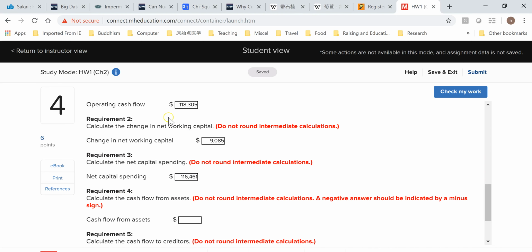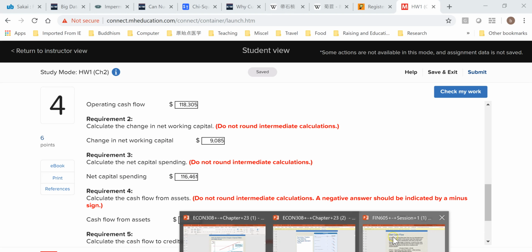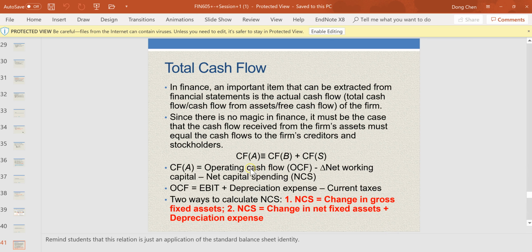Requirement 4, calculate the cash flow from assets. So now we have the operating cash flow, we have the change in net working capital, and we have the net capital spending. So we have every input that is necessary to calculate this cash flow from assets: operating cash flow minus the change in net working capital minus the net capital spending.